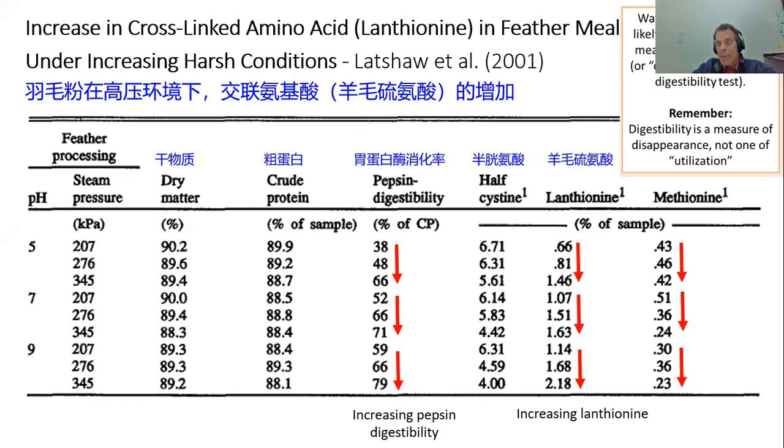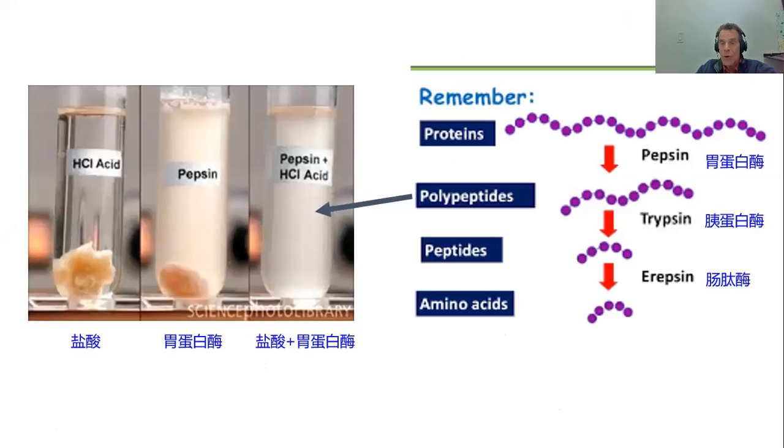So you actually can be measuring something as highly digestible using pepsin digestibility, but it could contain quite a bit of cross-linked amino acid.